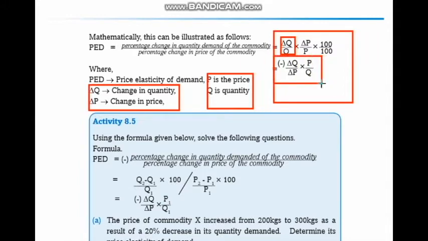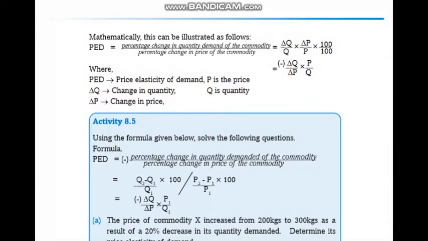This minus indicates kuvuga ngo kuri formula ya price elasticity of demand habagomba kubaho minus bitewe nuko the percentage change in quantity demanded and the percentage change in the price of the commodity, there cannot be a positive. If you see, you will see in the examples down here.